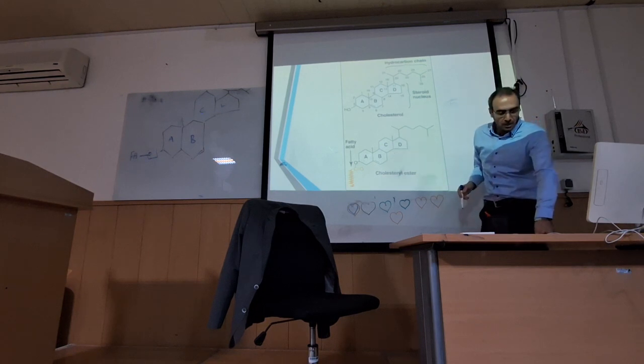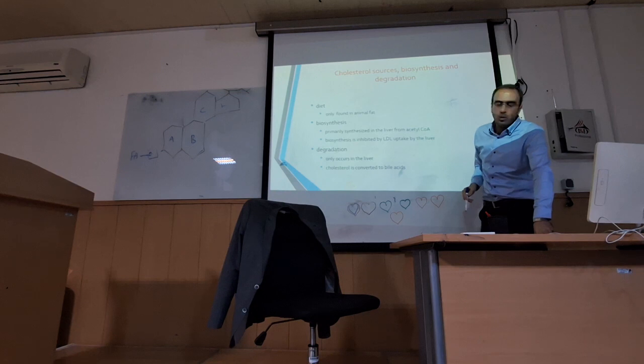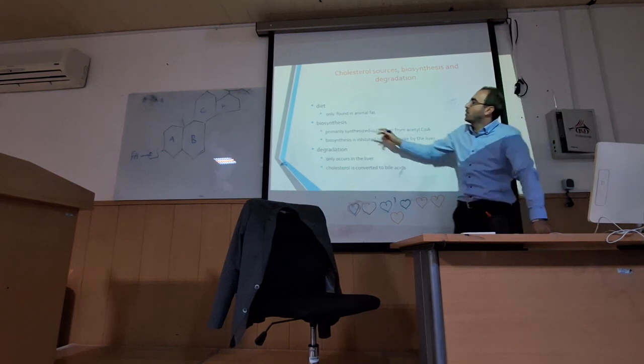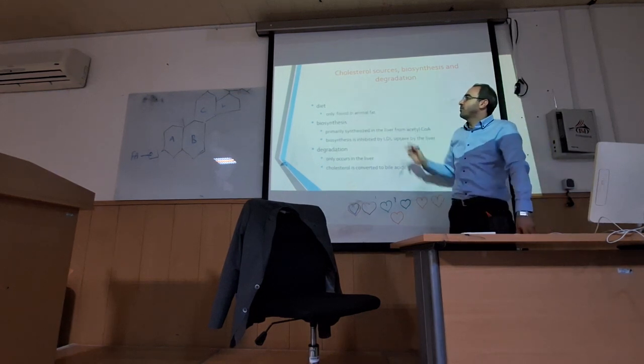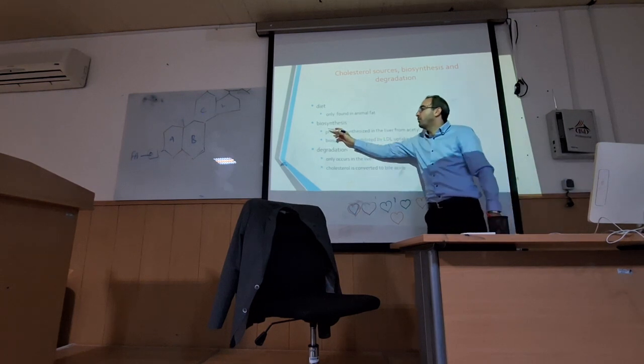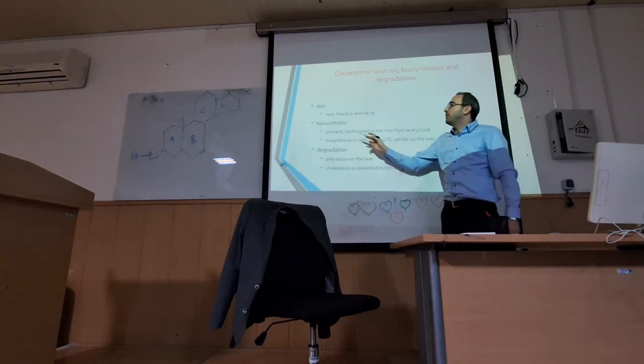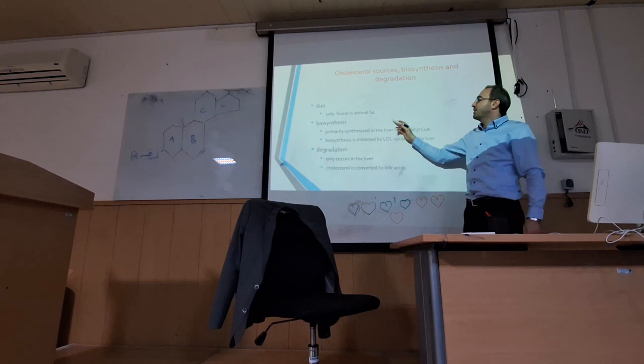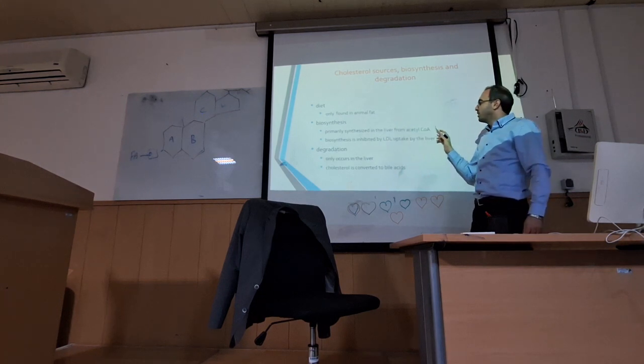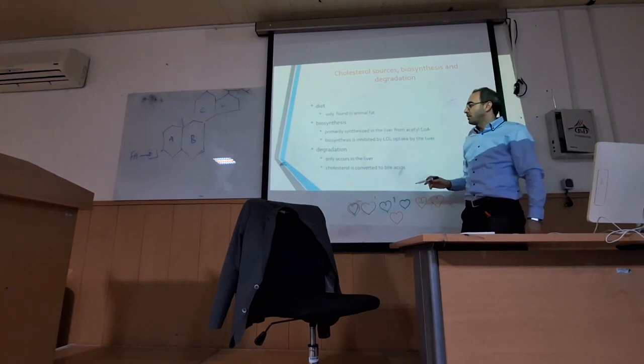Cholesterol ester. So how can we get cholesterol? One way is by diet, from animal diet, and the other is by biosynthesis. Primarily, synthesis of cholesterol occurs in the liver, from what? Acetyl-CoA.